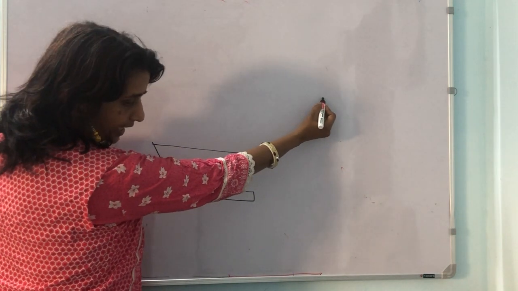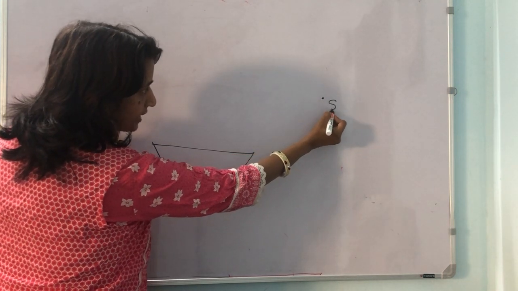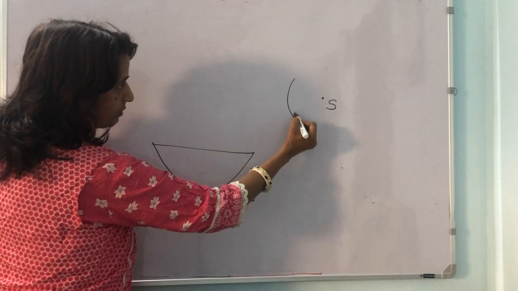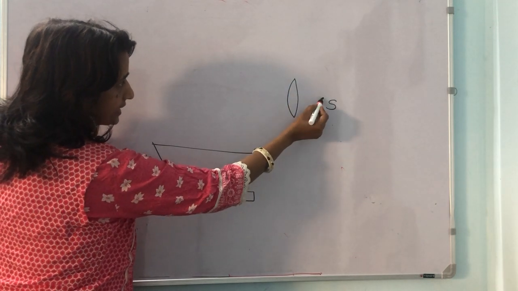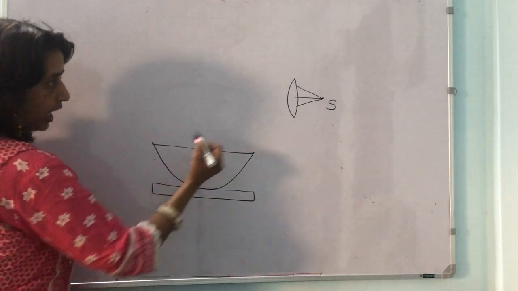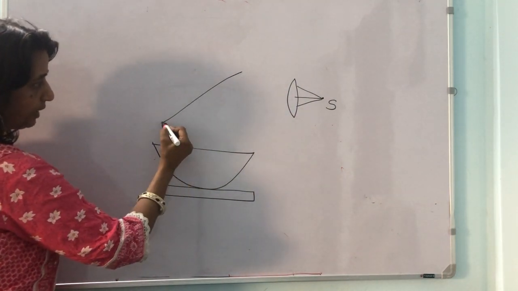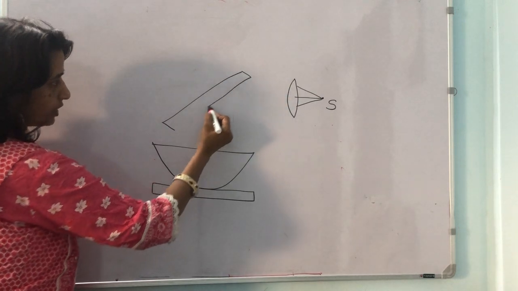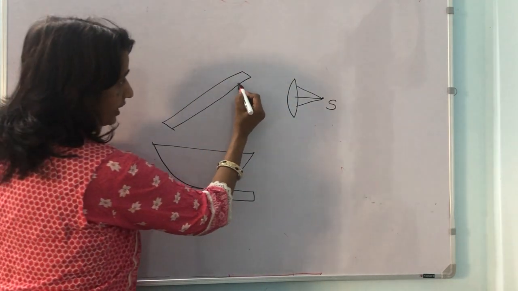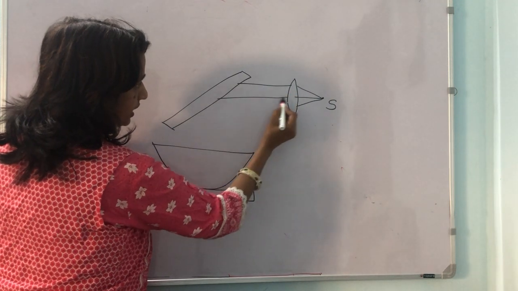So here is my monochromatic source of light. From this, rays of light will come, so I will put a convex lens so that I get nicely focused rays which are made to fall on a plain glass plate kept at an angle of 45 degrees from the horizontal.